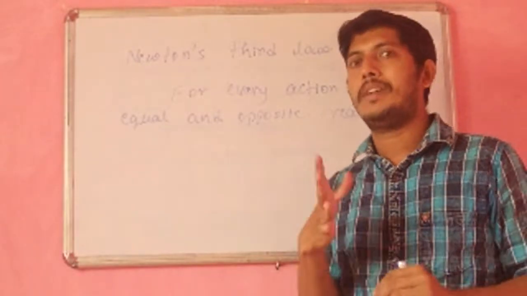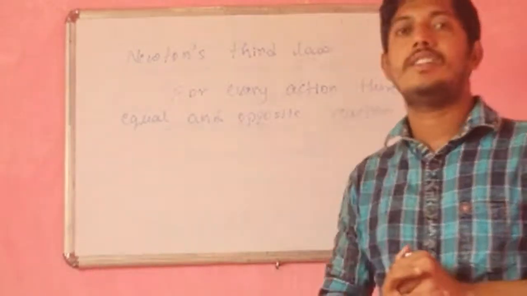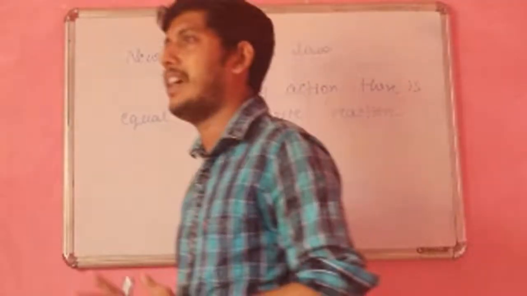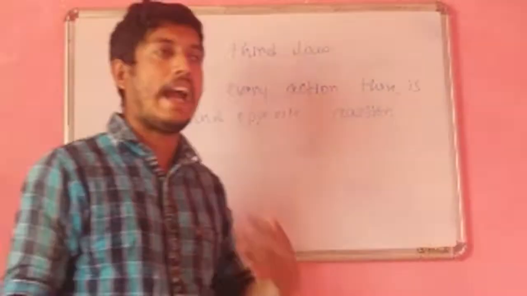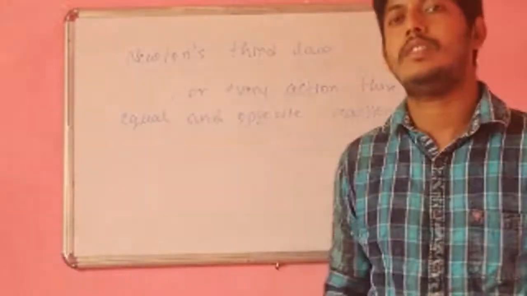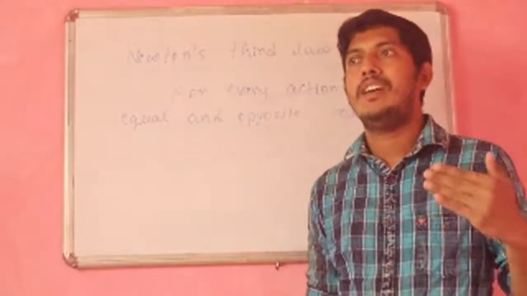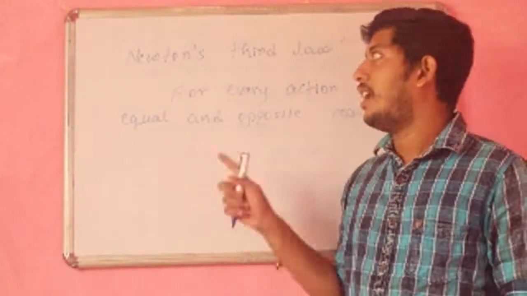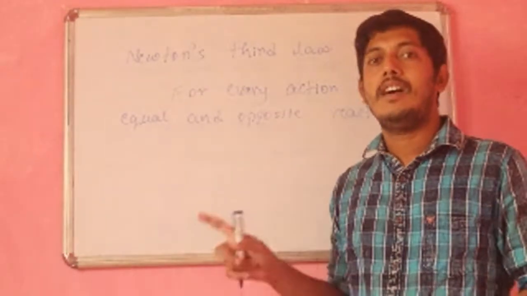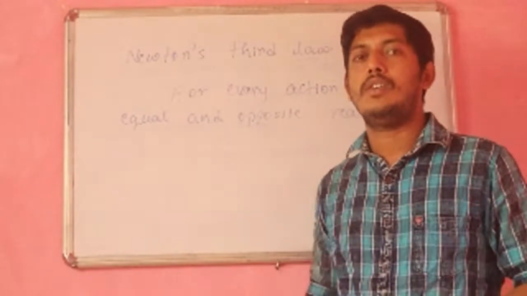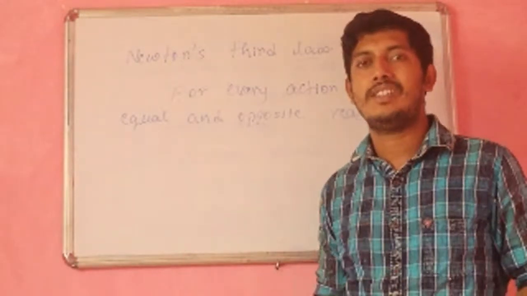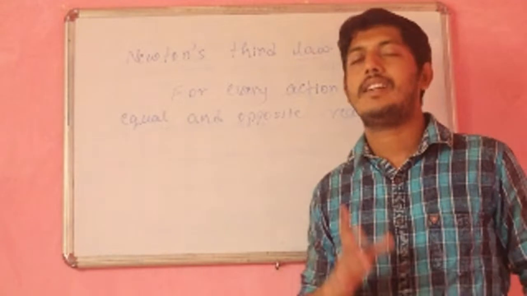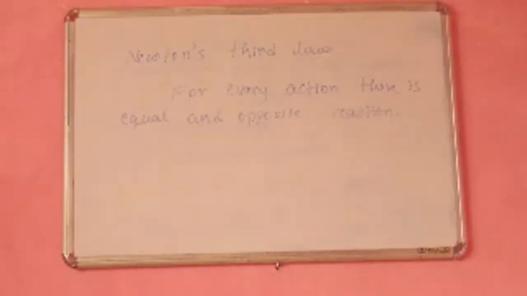Comment any examples. Which examples are suitable, or which of our daily activities are related to, or come under, Newton's third law of motion? If you know such examples, then comment them. First, action and reaction of equal reaction.